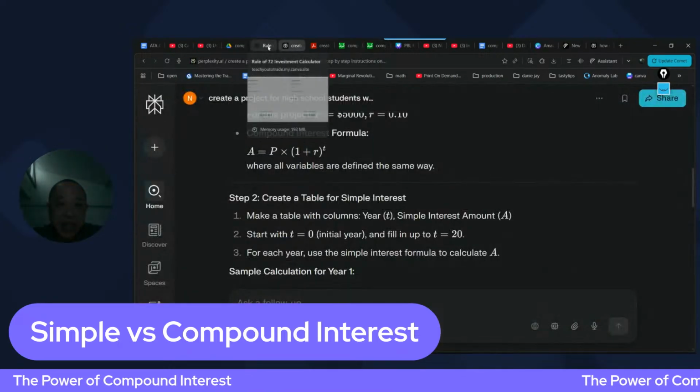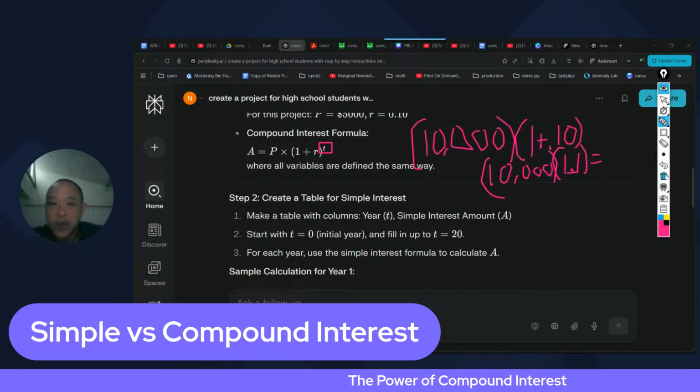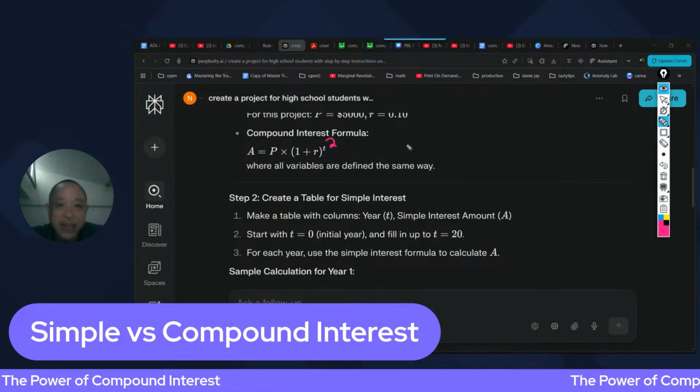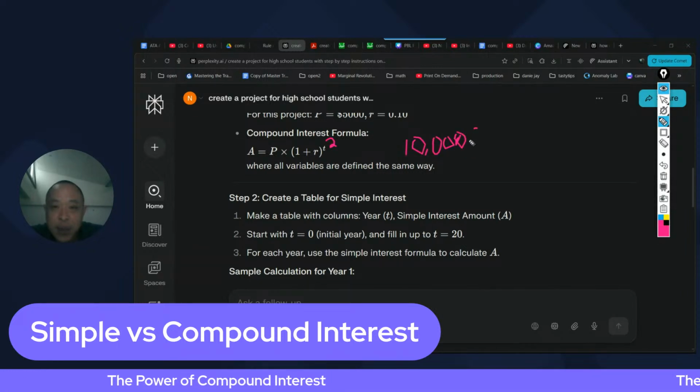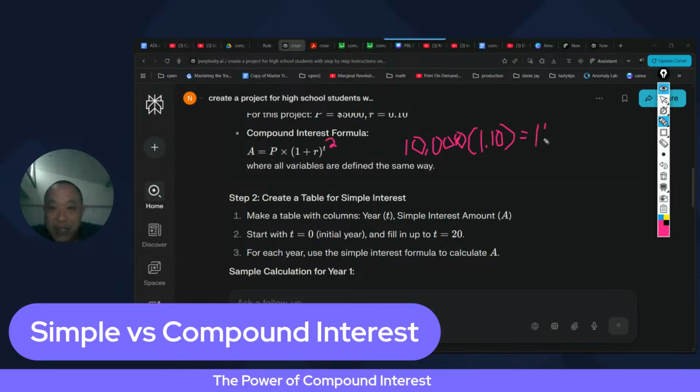Well, it's actually pretty simple. If we look at this formula, now your time is 2 years. That's the same thing as doing 10,000 multiplied by 1.10, which is equal to 11,000.